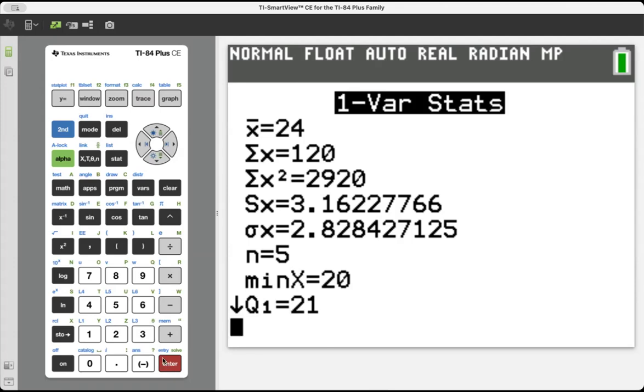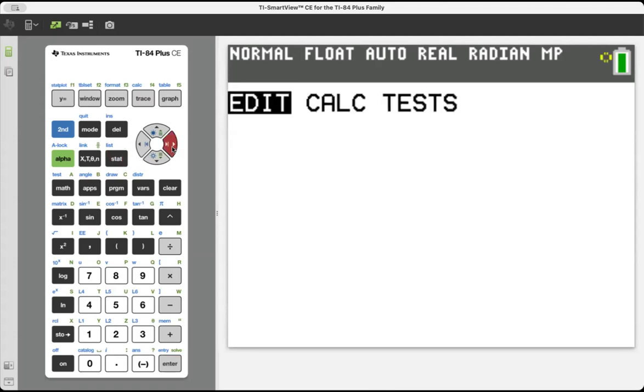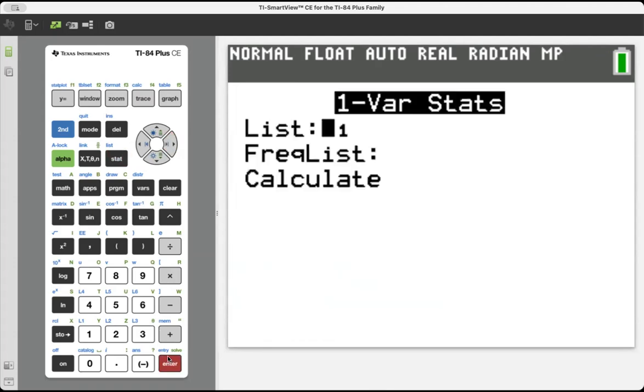3.1623. So I'm looking at this row, 3.162, but then this 7 tells us we're going to round up to a 3. Let's go to Stat, Calc, one var stats again, this time on L2 with LipoClear.